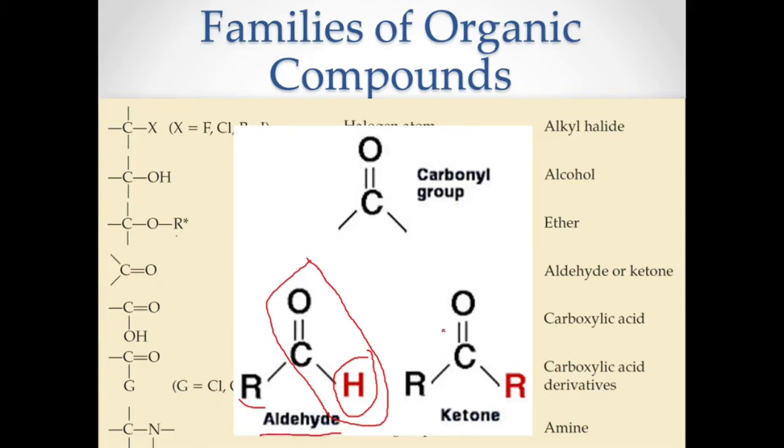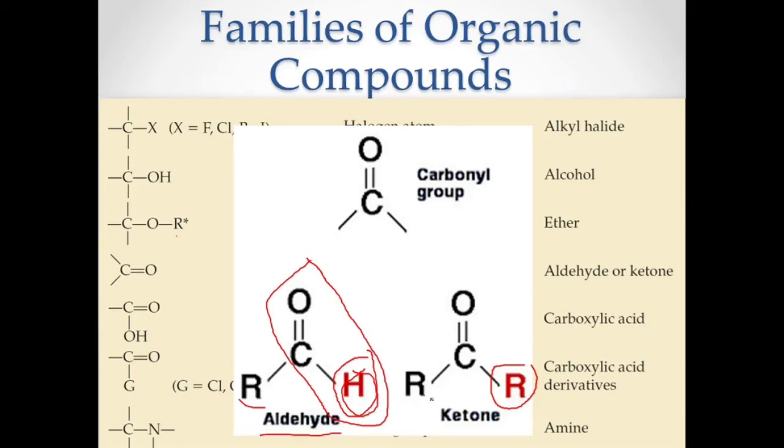Okay, it is a ketone if it is not an H, if it is another R portion, an alkyl or an aryl, that is present. So both of them could be the same alkyl, or the other one an alkyl and this one an aryl, or the reverse.